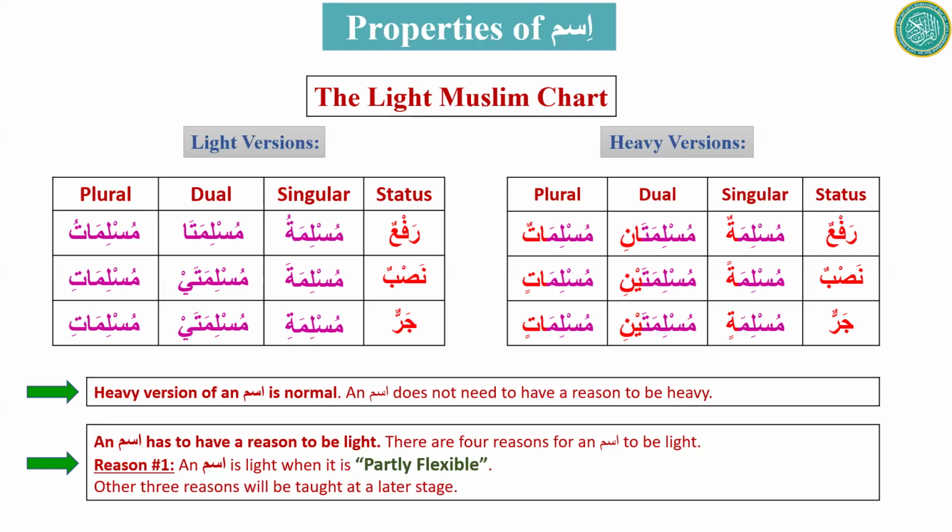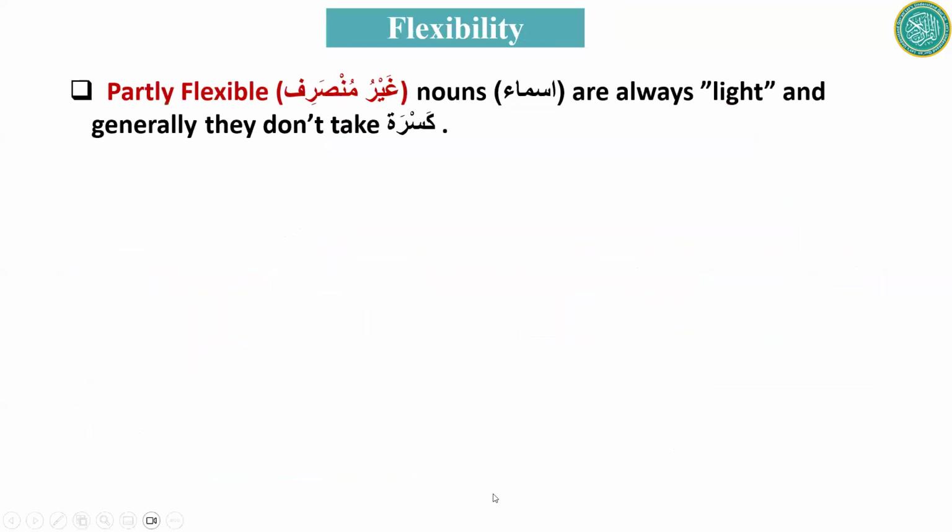And now we know that the heavy version of an ism is normal. We don't need to know why it is heavy. But when it is light, then we need to know why it is light. It is very important. One of the reasons for being light is partly flexible, and that is what we need to focus on.